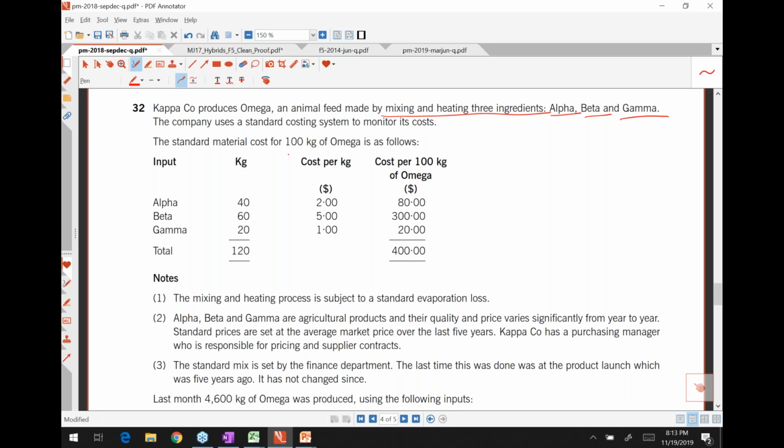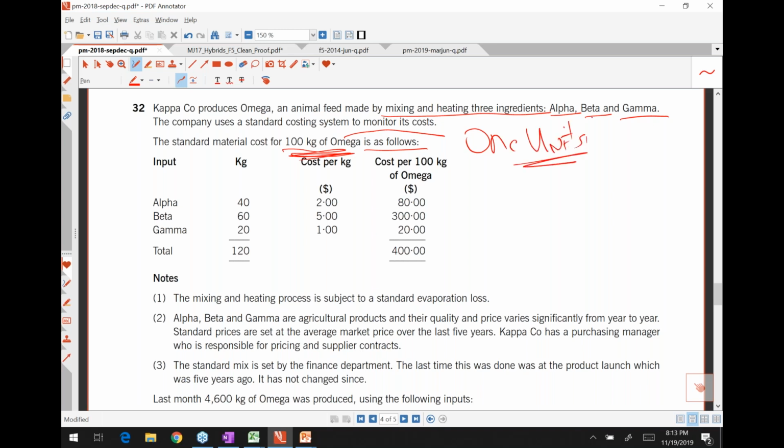The standard material cost for 100 kg of omega is as follows. You can see here that you are provided with the input of the material, but this input is for 100 kg of omega, which means 1 unit of omega actually requires 100 kgs of input.